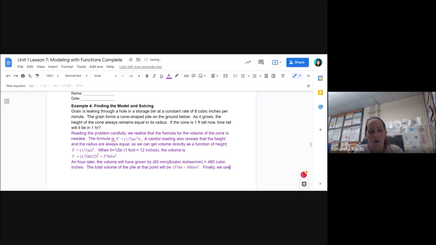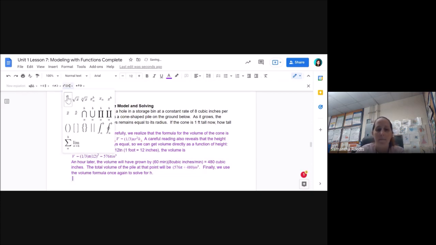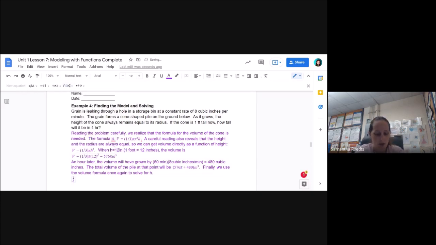Finally, we use the volume formula once again to solve for our height of h. So I have 1/3 pi h cubed equals 576 pi plus 480, okay?